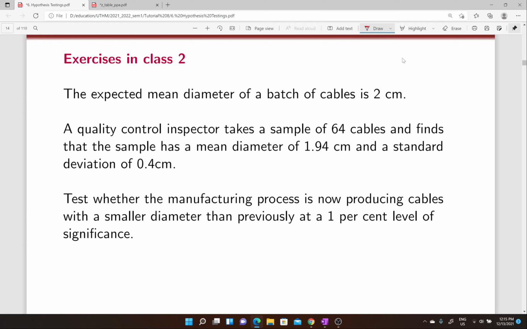So for the diameter of a cable, there's a cable here, and this diameter is 2 cm.